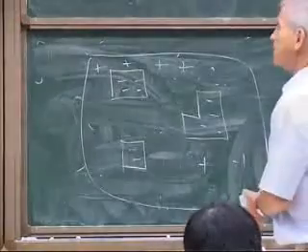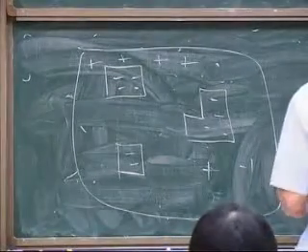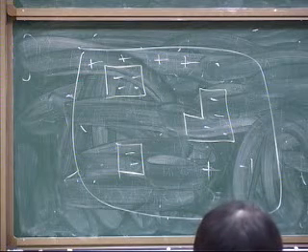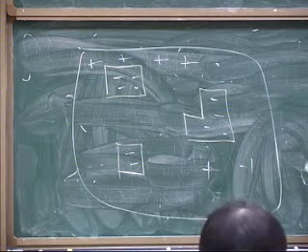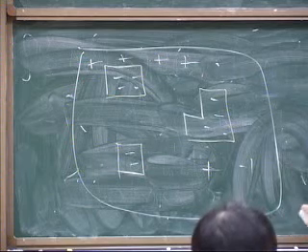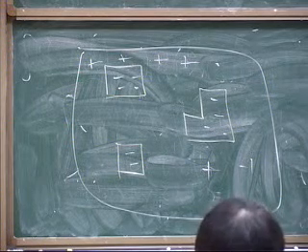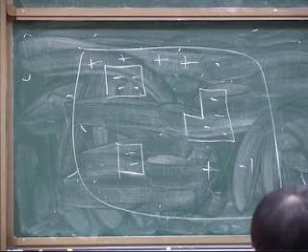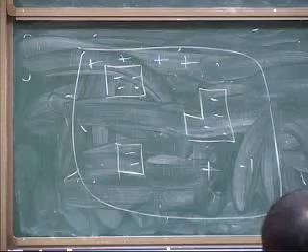The situation may be slightly more complicated. I can have a situation like that. Here's the lattice. Then the spins will be plus here, minus here, but plus again here. That's possible.